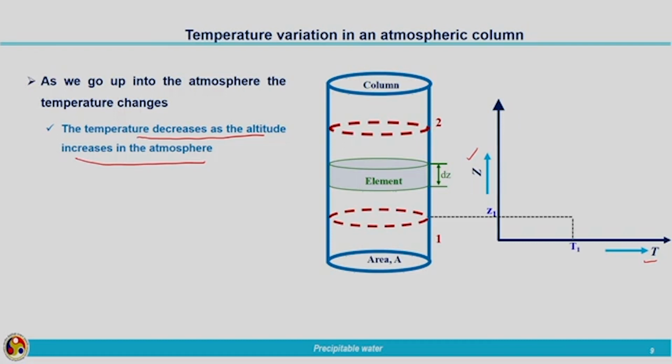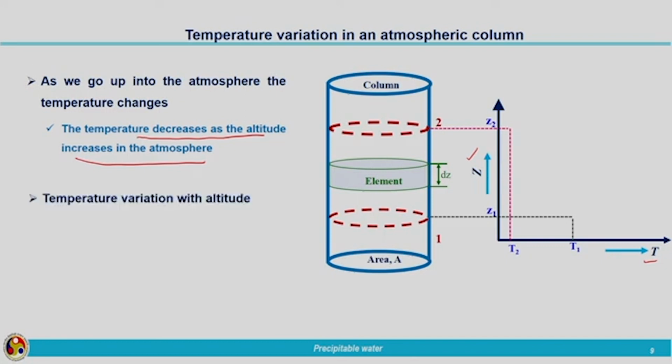In a similar way, corresponding to section 2 we have Z2 as the altitude, and the corresponding temperature is lower than that at section 1. T2 is less than T1. So, I can mark it here like this, T2, and this relationship is a linear relationship. The equation was in the form of a straight line.